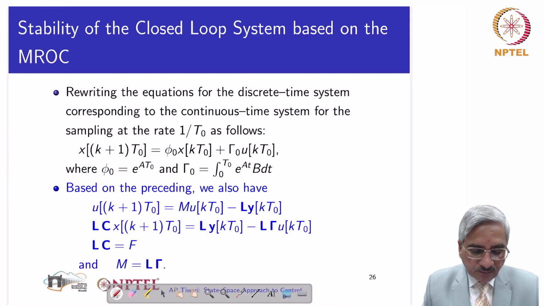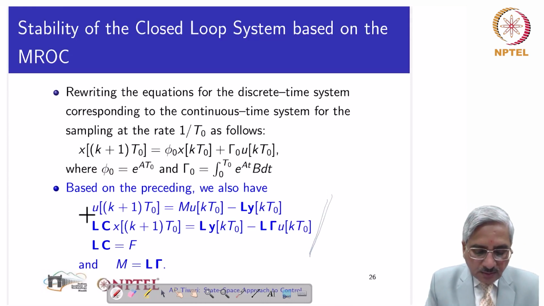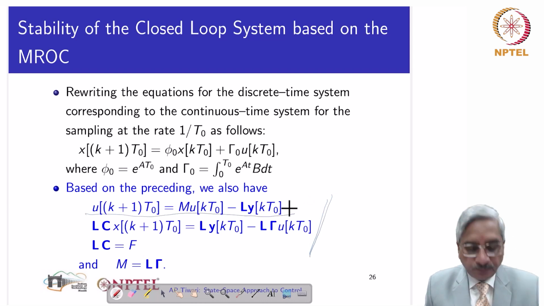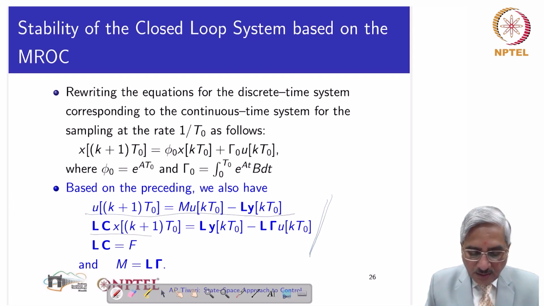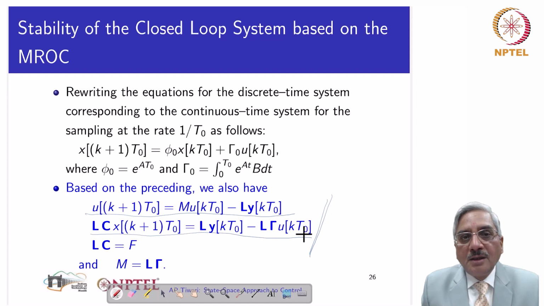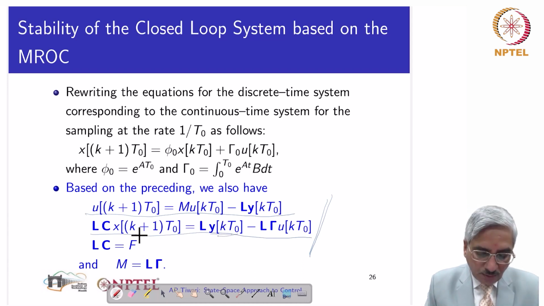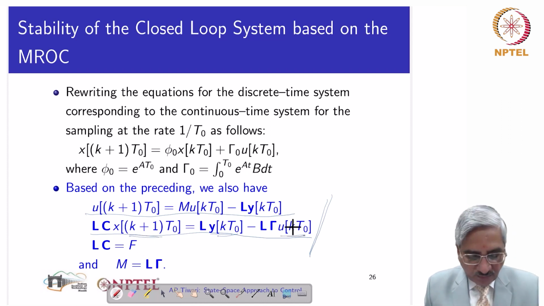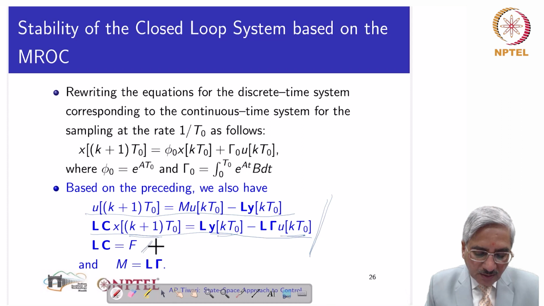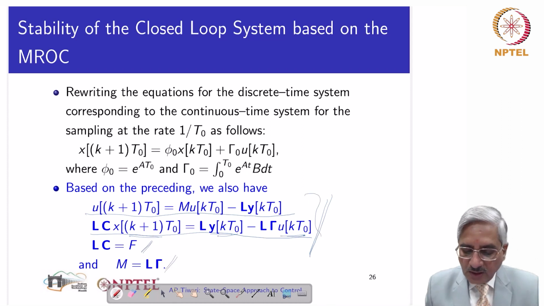We had these various equations. This is that control law, and this is the equation relating the system outputs to the system states and the inputs. And then in this we had these two relations. So these we are recalling from the preceding; they will be handy.